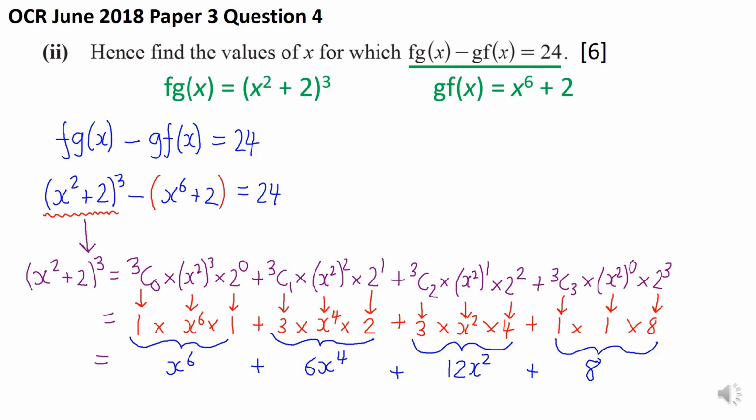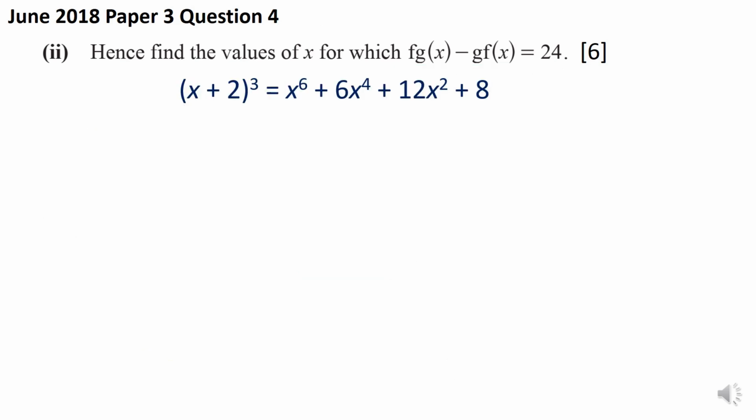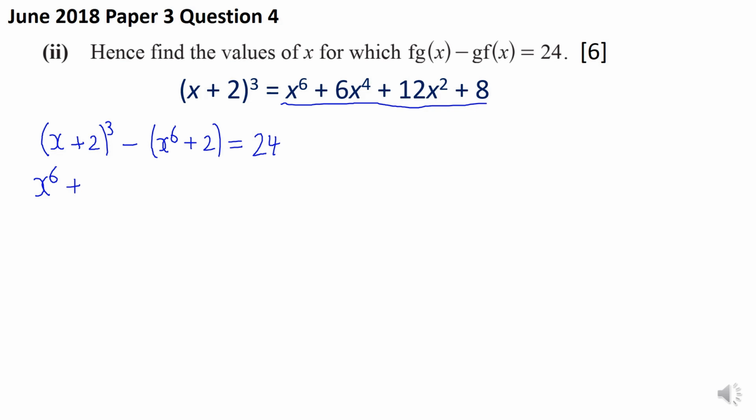I'll move on to a new screen. So we've got the expansion now for x squared plus 2 all cubed, which means that we can write x squared plus 2 cubed minus x to the power of 6 plus 2 equals 24, and applying the expansion we get x to the power of 6 plus 6x to the power of 4 plus 12x squared plus 8.